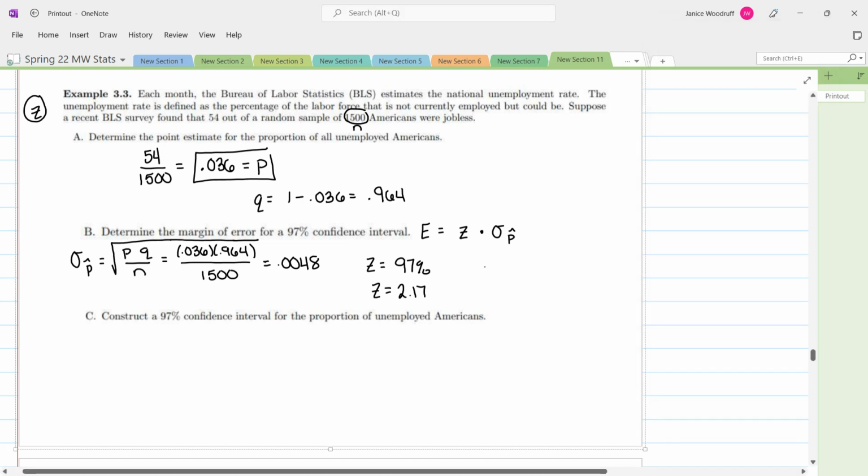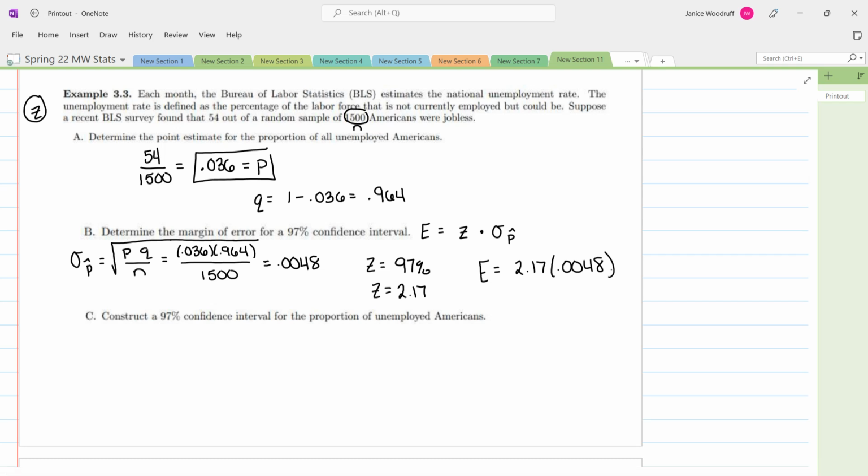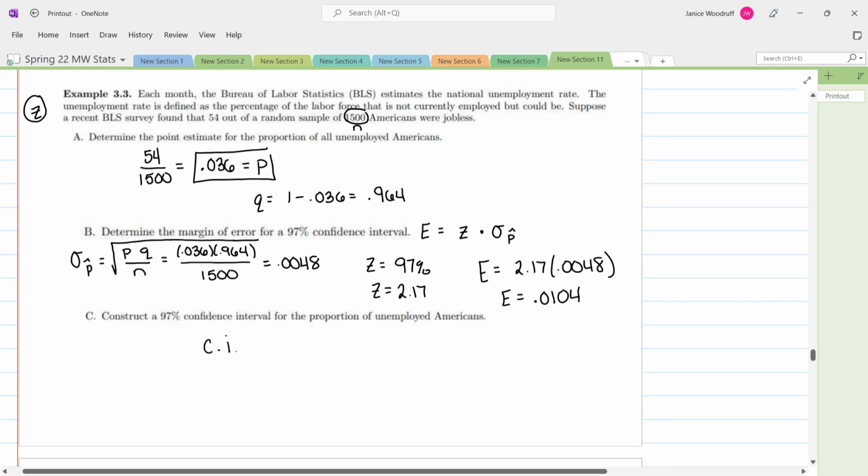All right, so E will be 2.17 times 0.0048. So there you're going to get 0.0104. Okay, remember we're dealing with percentages, so it is going to be very small. And then our confidence interval is just going to be p hat plus or minus E. All right, so our p hat was 0.036 plus or minus 0.0104.